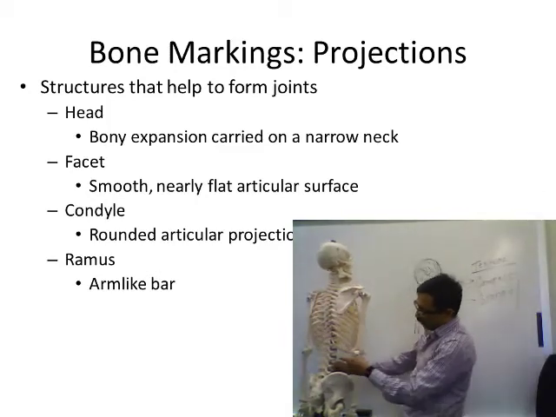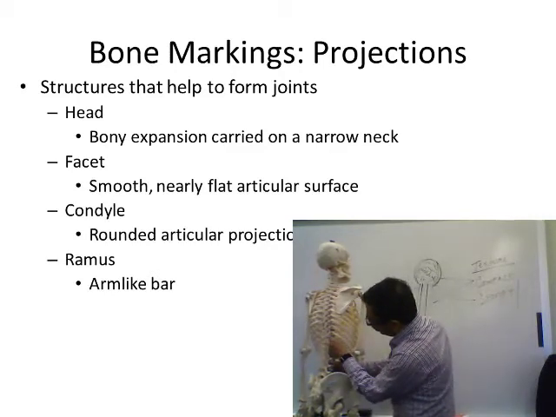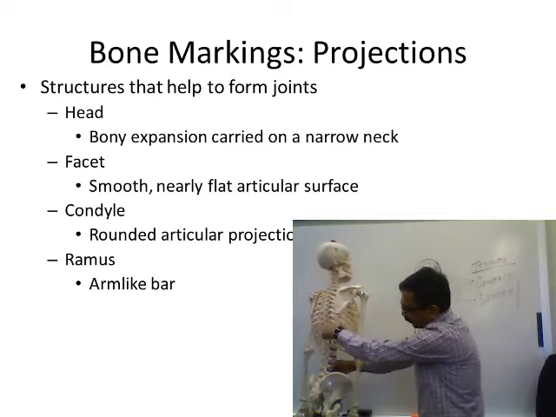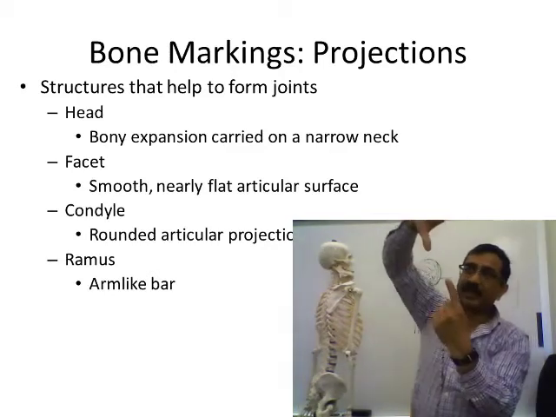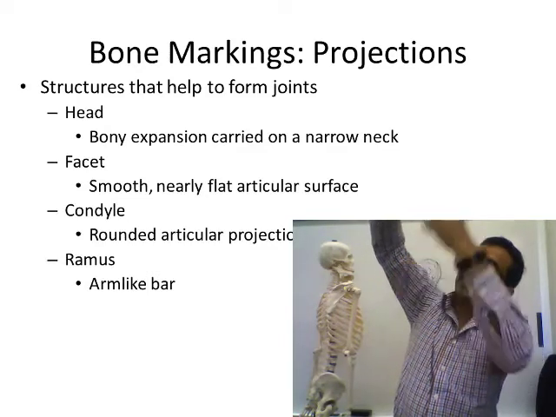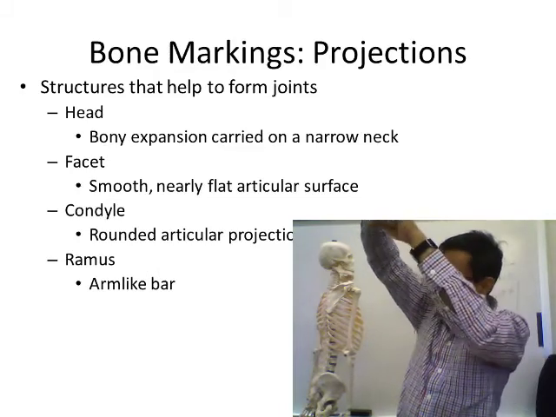When you study the vertebrae, you will see that the superior articular process of the vertebrae below articulates with the inferior articular process of the vertebrae above. See here, this is one vertebrae, this is another vertebrae. From the vertebrae above, this is the inferior, meaning below, right?